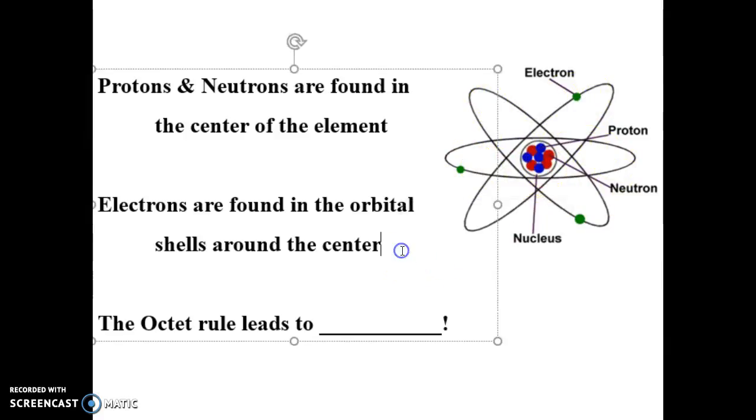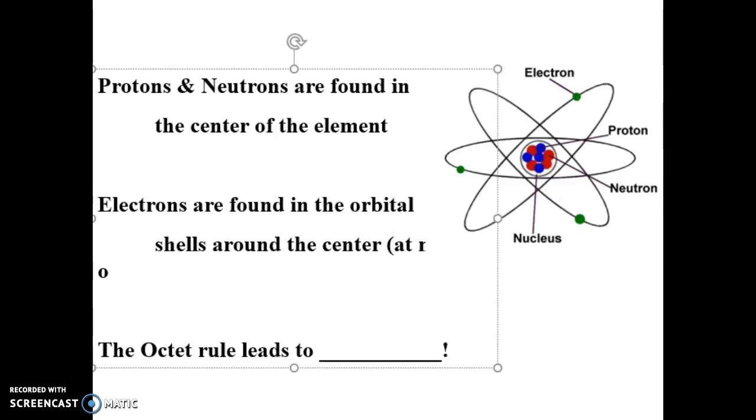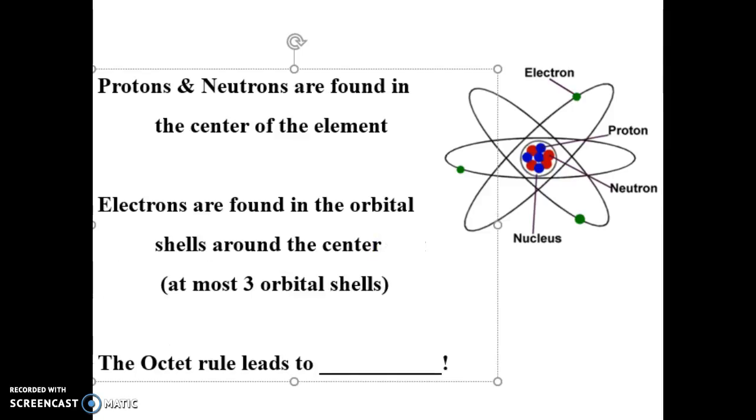Generally, there are at most 3 orbital shells or rings associated with a given element. The number of electrons floating around in the orbital shells is what leads to bond formation.